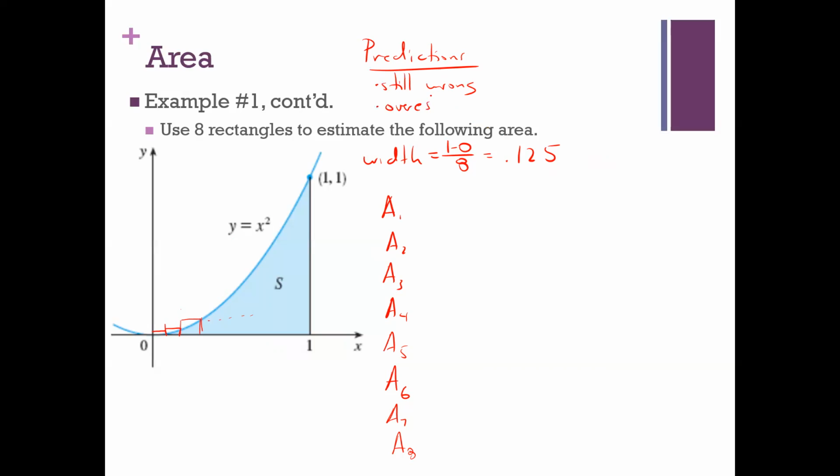Overestimate. How do you think it'll compare to the number we just got using 4 rectangles? Will it be smaller or larger than our last? So it'll be smaller than 4 subintervals. Faye, you have a question?